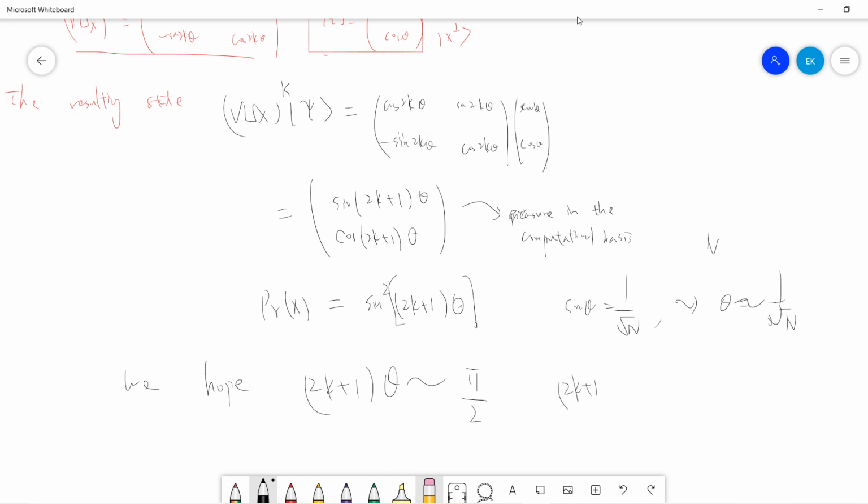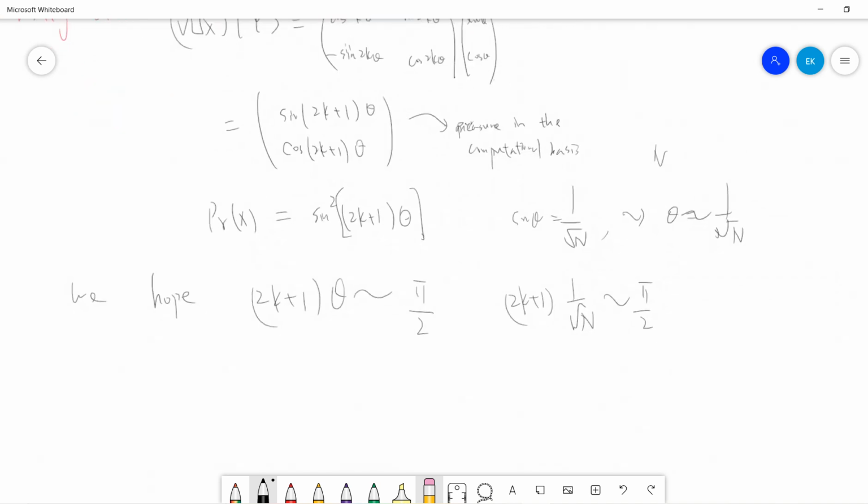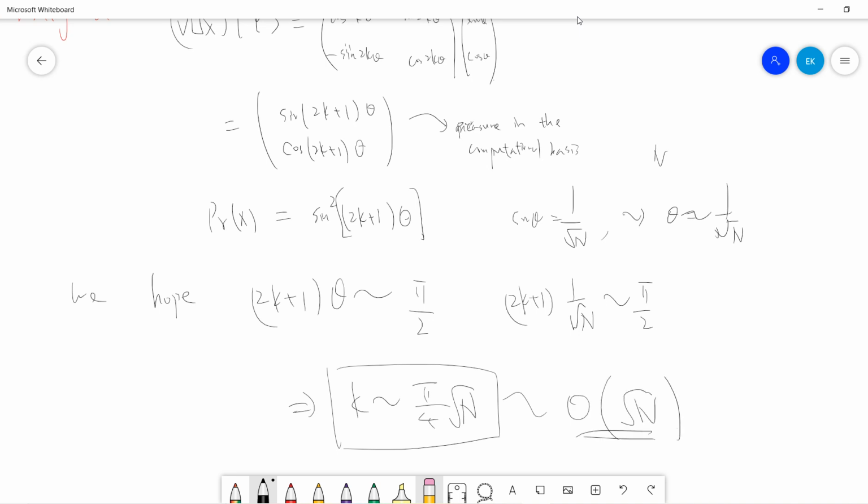So 2k plus 1 times theta will be close to pi over 2. From this we can prove that k is approximately pi over 4 square root of n. Pi is like 3.14, but we don't care in complexity theory, so we can just write it as omega of square root of n operations, or theta. I should say the square root of n is sufficient.